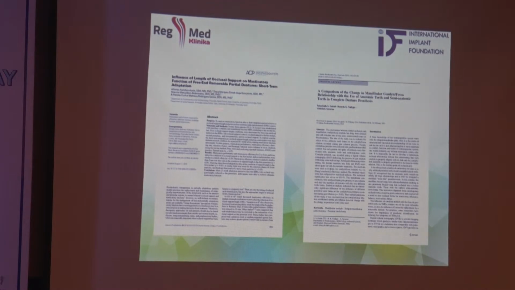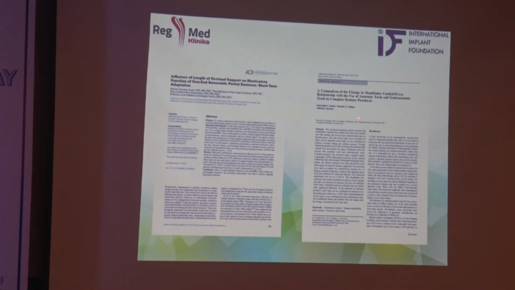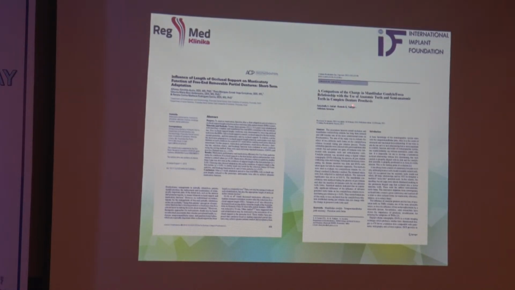So from a lot of articles which we can find on PubMed, we know that the length of the occlusion surface doesn't matter. The teeth number doesn't matter. It also doesn't matter if the teeth are anatomic teeth or semi-anatomic teeth.